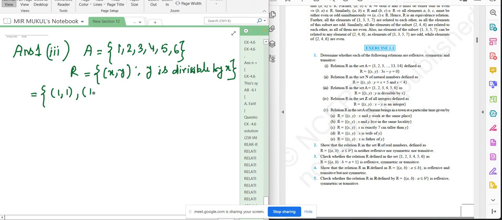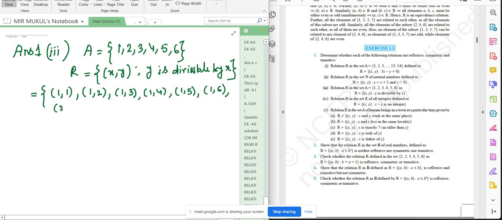We can take (1, 2) also, since y should be divisible by x. Then (1, 3), (1, 4), (1, 5), and (1, 6) also.